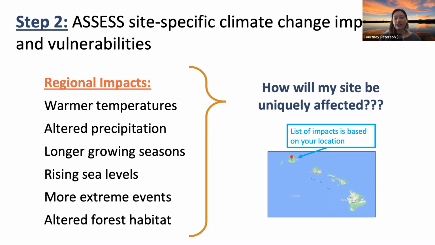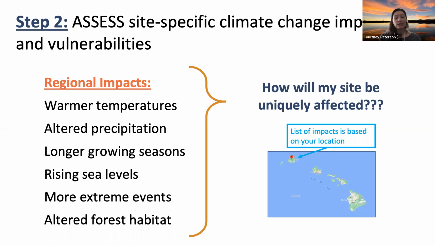So climate change is going to have a wide variety of effects across the landscape, and not all places and ecosystems or management topics are going to respond similarly. So for this reason, it's really critical to not only think about the general, so those regional or statewide impacts and the anticipated effects of a changing climate on ecosystems, but to also consider how specific places on the landscape are going to be affected by climate change.